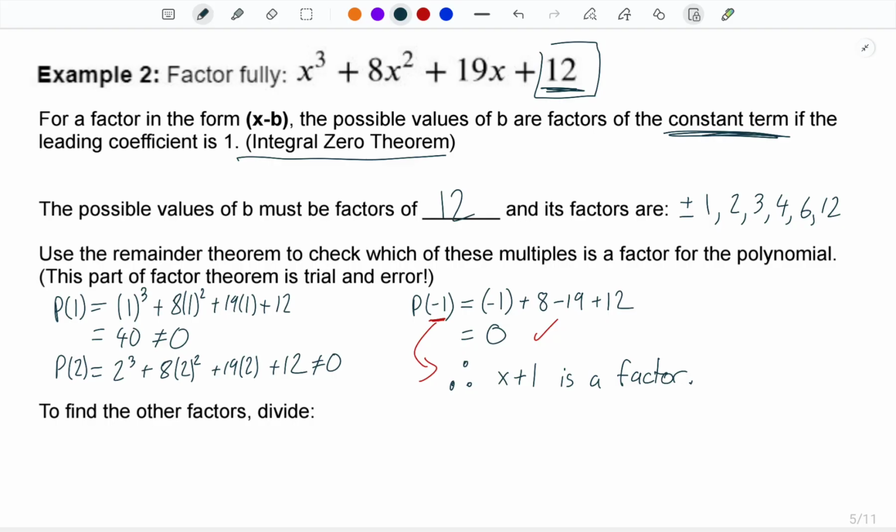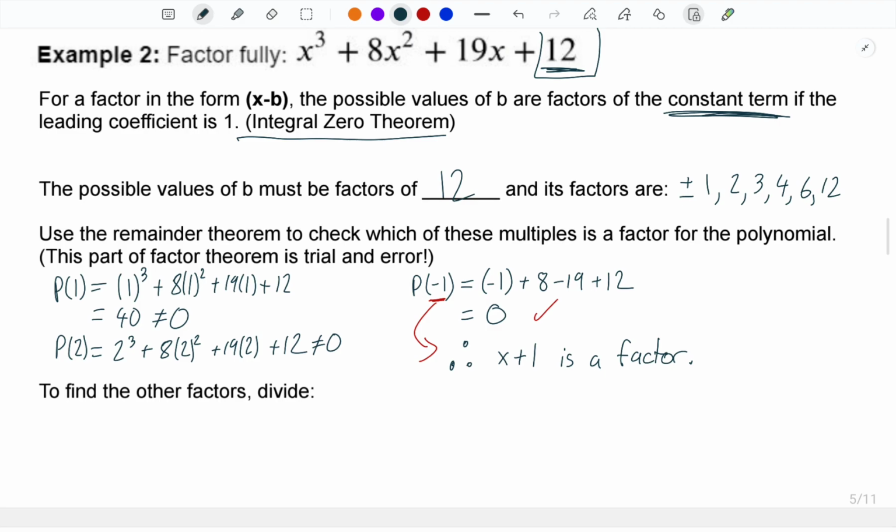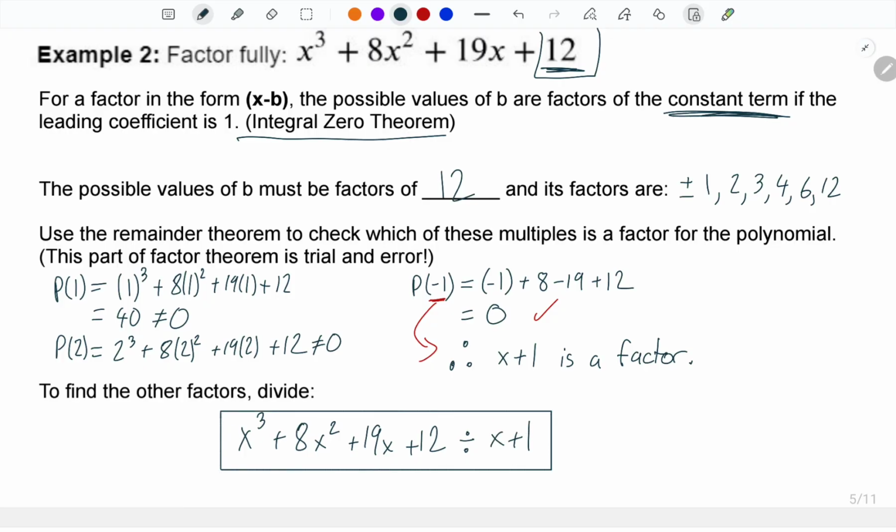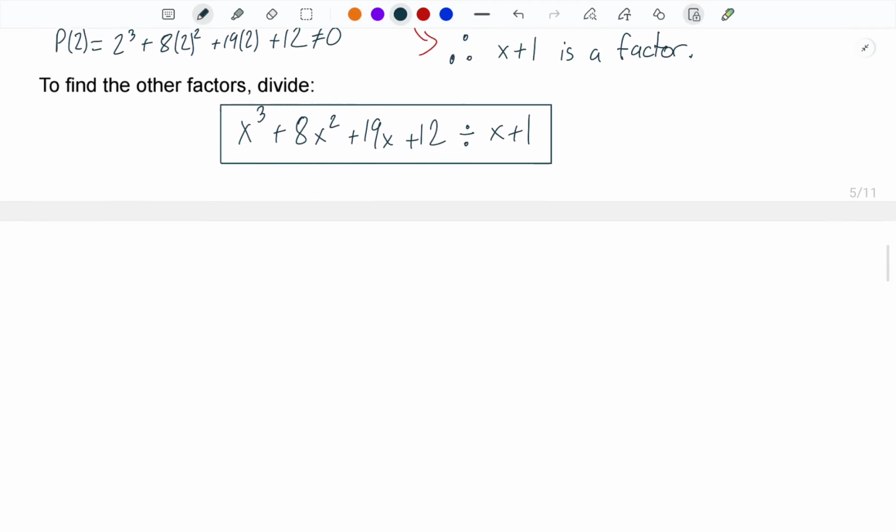So all we need to do is take our given polynomial, x cubed plus 8x squared plus 19x plus 12, and divide it by x plus 1. That is the second key step. And what we're going to see is that factoring will become a nice repetitive algorithmic process until we get things fully factored. Okay, so let's do this division.